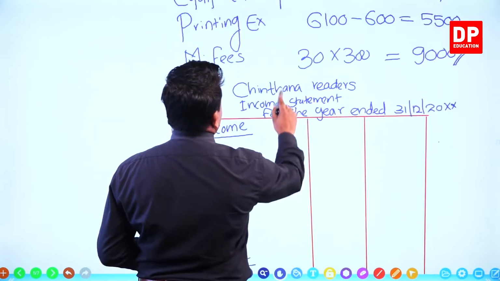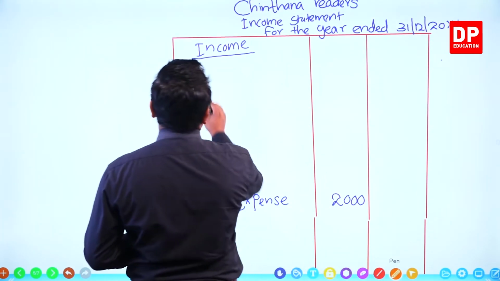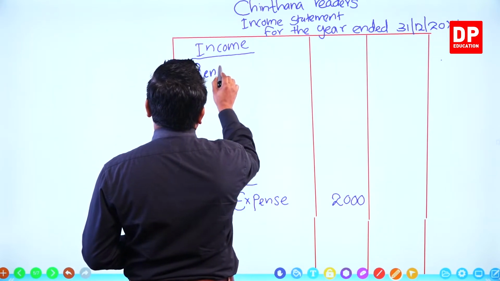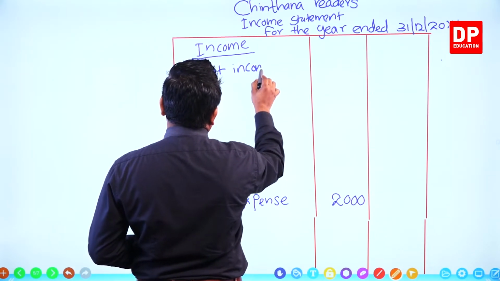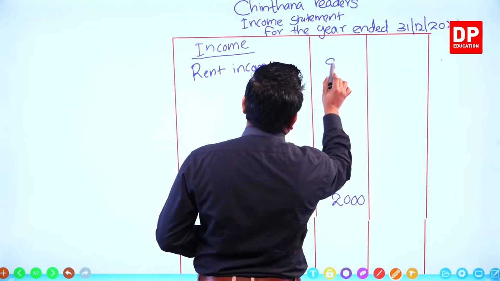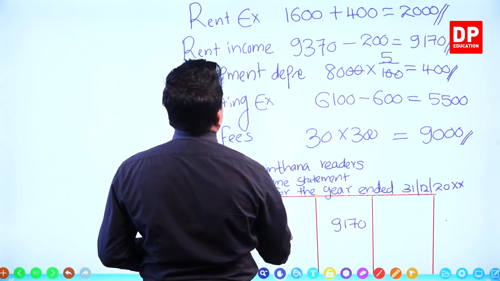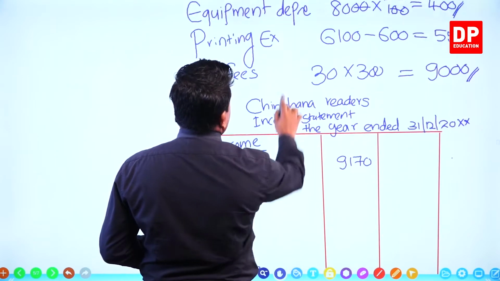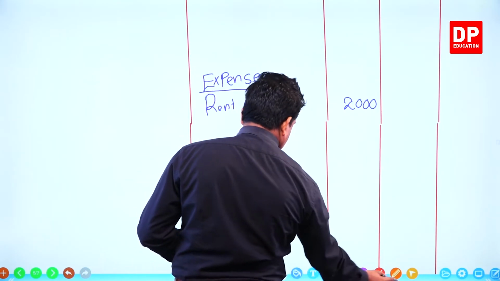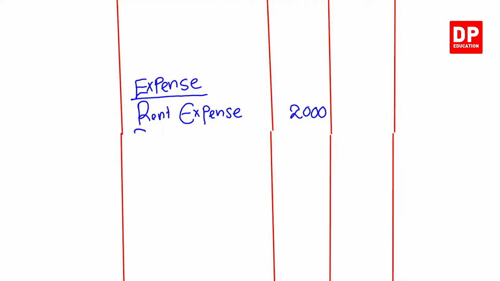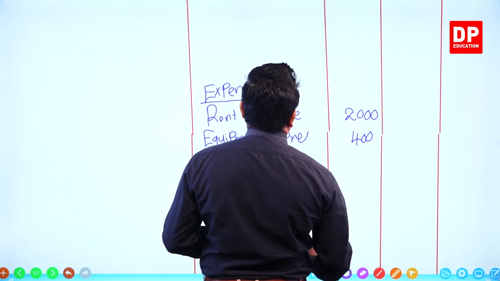Rent income 9,170. Next, equipment depreciation 400.